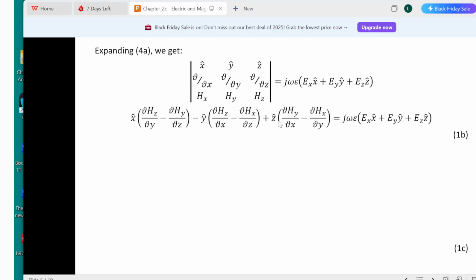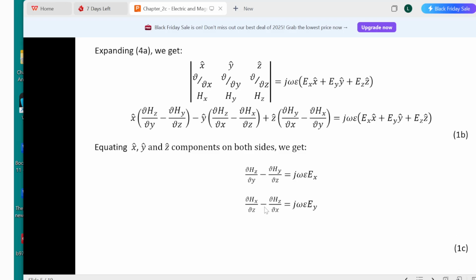So what we need to do is to equate the coefficients for x hat, y hat, and z hat for the whole equation. So for x hat, you get this set of equations. For y hat, you got this set of equations. And for z hat, you got this set of equations.